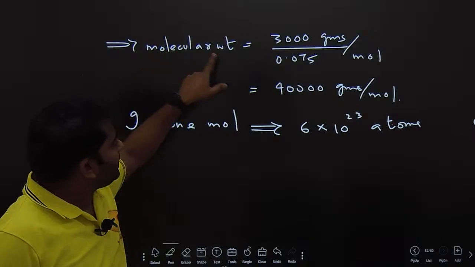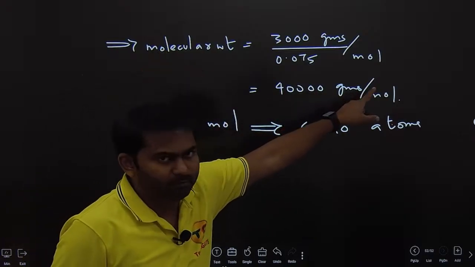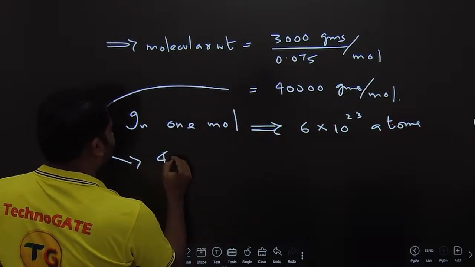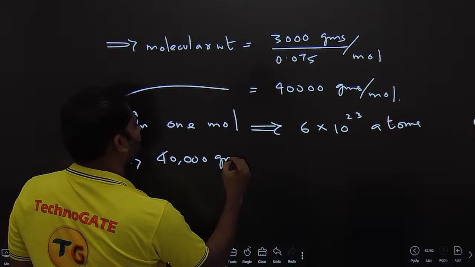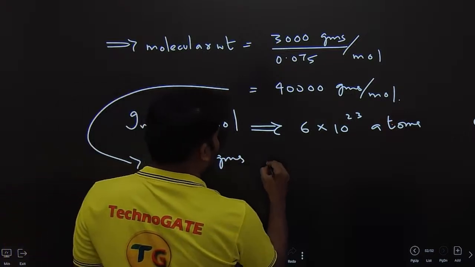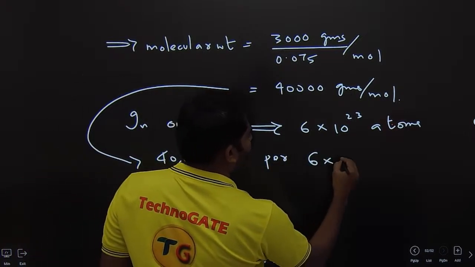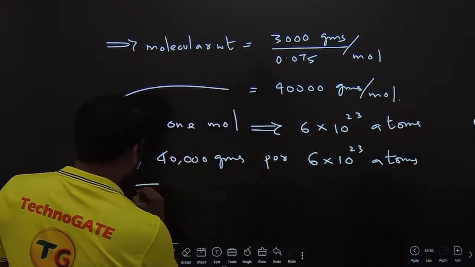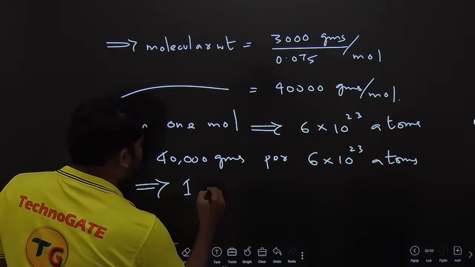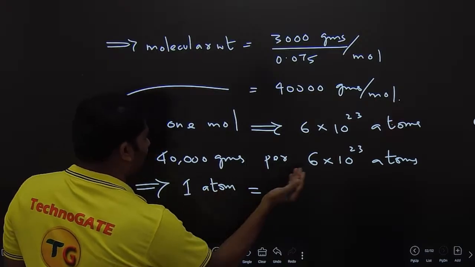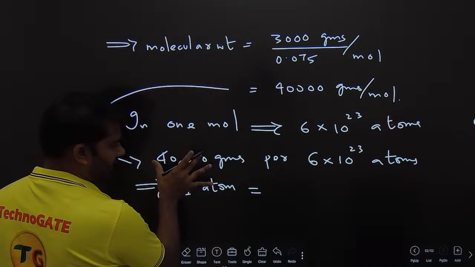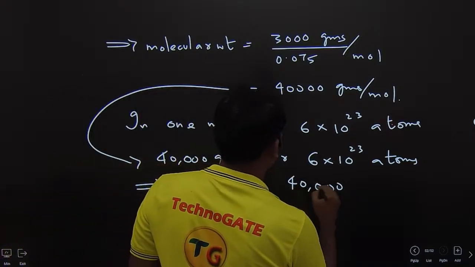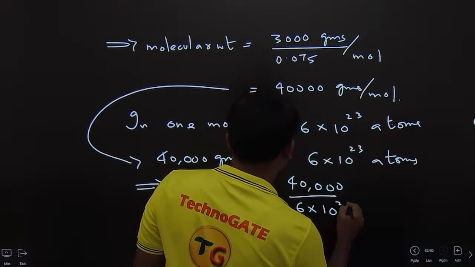Base molecular weight is 40,000 grams per mole. From this we can say 40,000 grams per 1 mole, that is 6 into 10 power 23 atoms. So if we want the mass of 1 atom, it is 40,000 by 6 into 10 power 23.